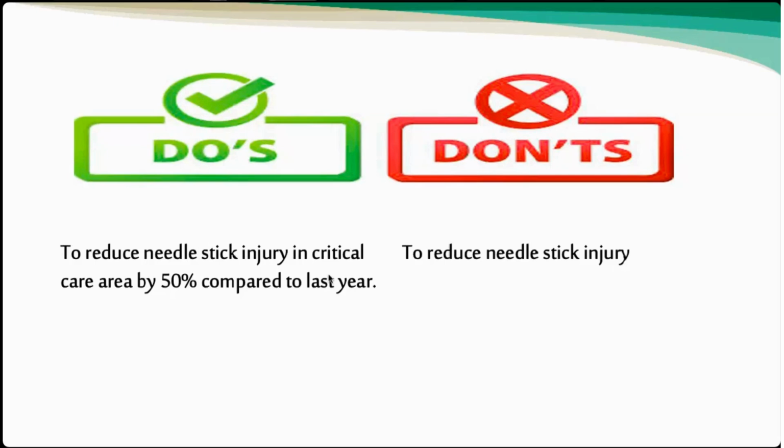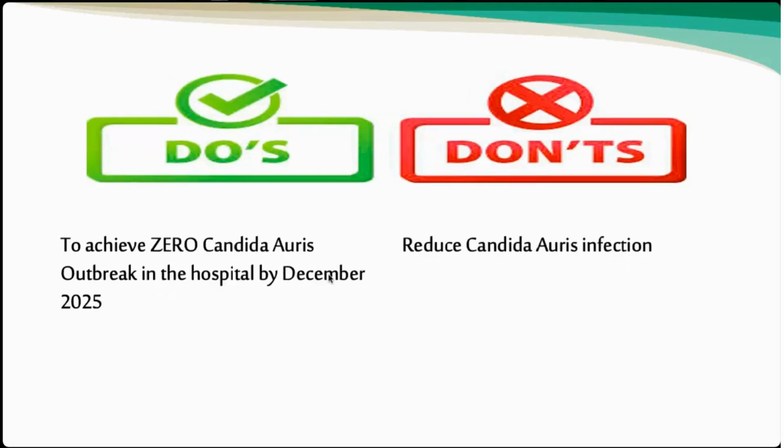We cannot use just to reduce needle stick injury, because this is a goal, not an objective. Another example: to achieve 0 Candida auris outbreak in the hospital by December 2025. We cannot use just reduce Candida auris infection, because this is a goal, not a SMART objective.